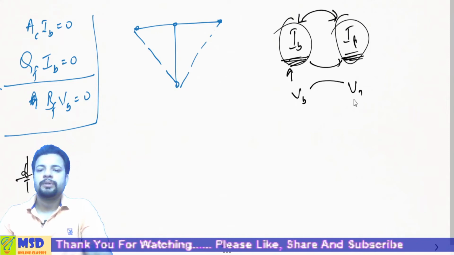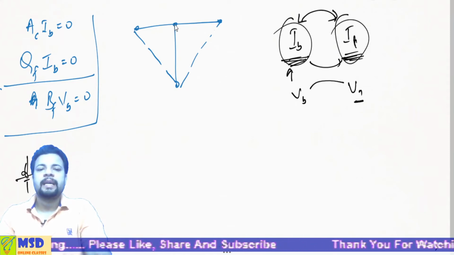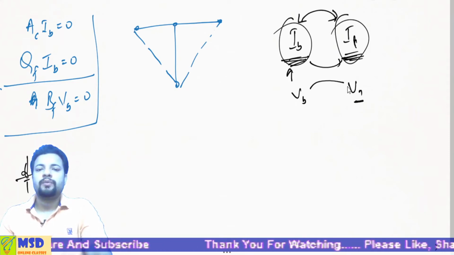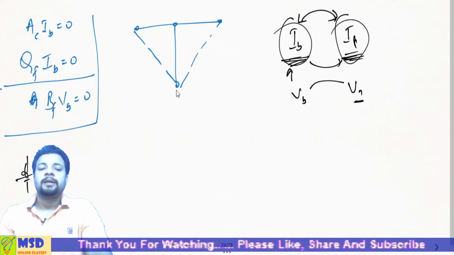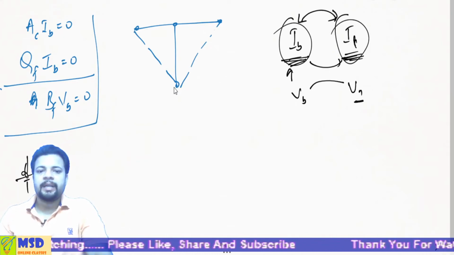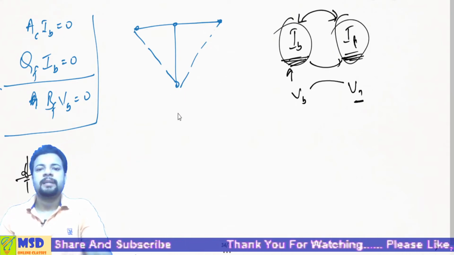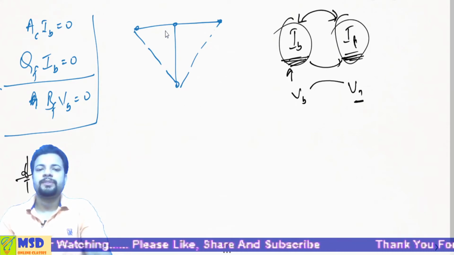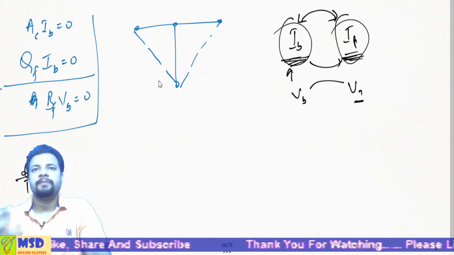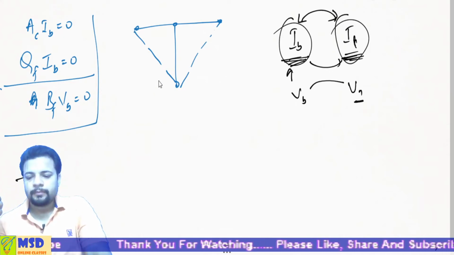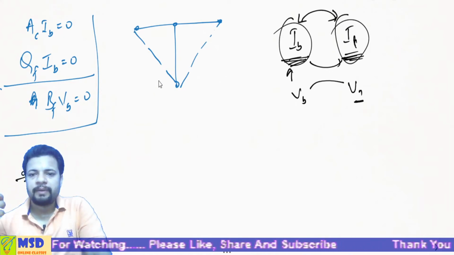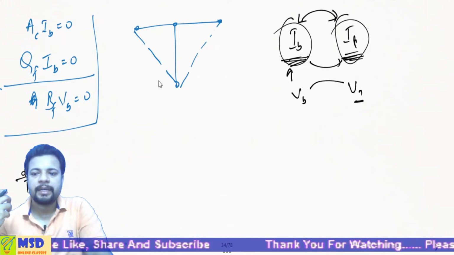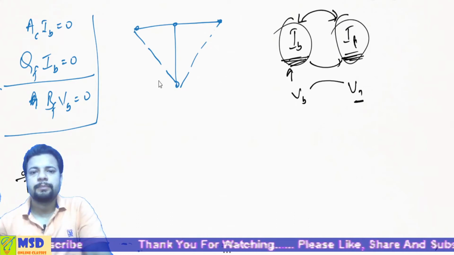No one is going to ask you the node voltage at any node, because node voltage at any node is calculated taking any one node as the reference node. So it means that the node voltage variable which you get for a given network is not an actual value in the network, it is referred to some node.